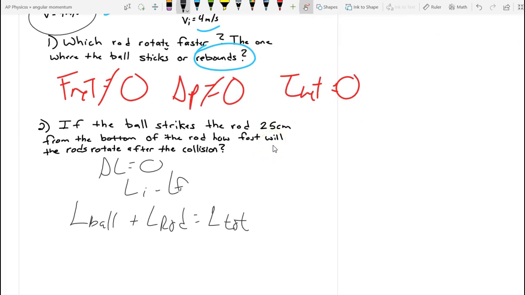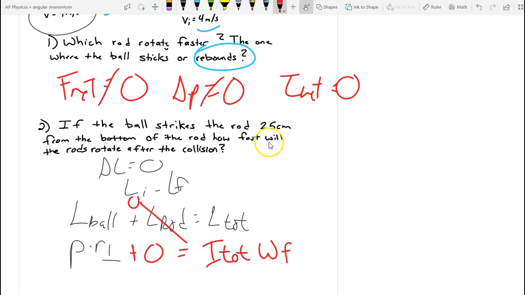The ball, if it's linear, is momentum times r perpendicular. The rod is not rotating, so it has 0 angular momentum. Afterwards, they stick together, so I have I of the system times omega final.